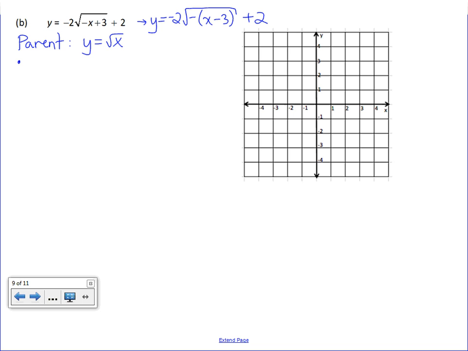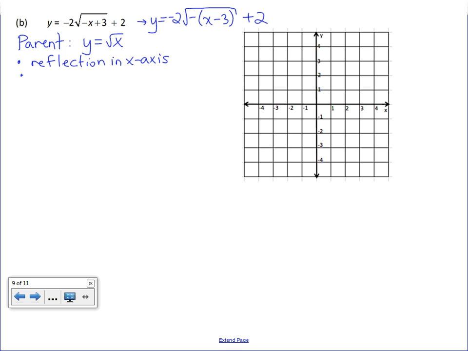Okay, stating transformations, the first thing you see is a negative, which tells me reflection in the x-axis. Then I'm looking at the value, it's a 2.